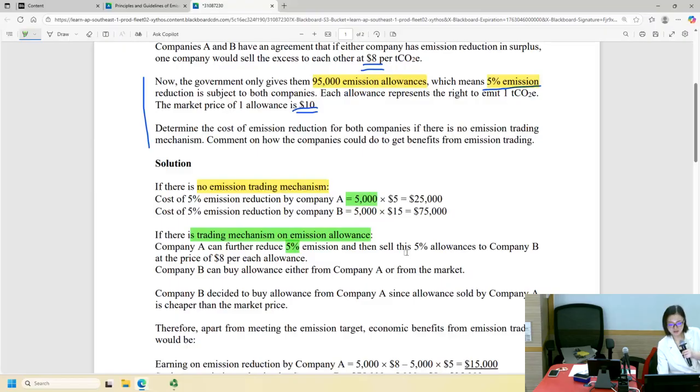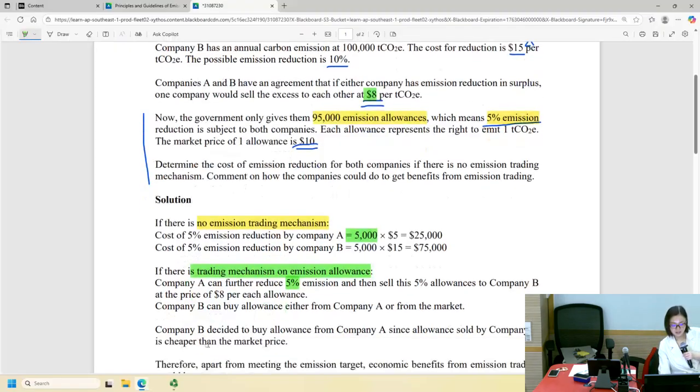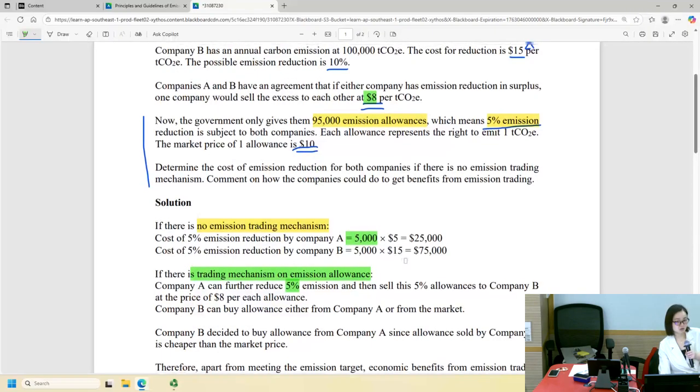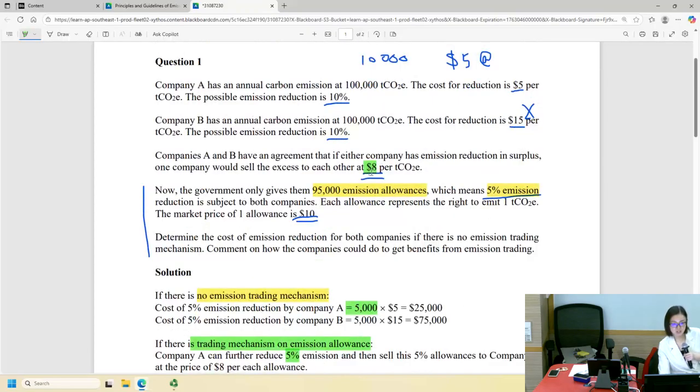And then they will sell the extra 5% allowance to company B at the price of $8. This is in the agreement that they will sell the surplus allowance to another company. And for company B, they will not spend $15, because it's too expensive. So they will buy from company A or buy from the market.